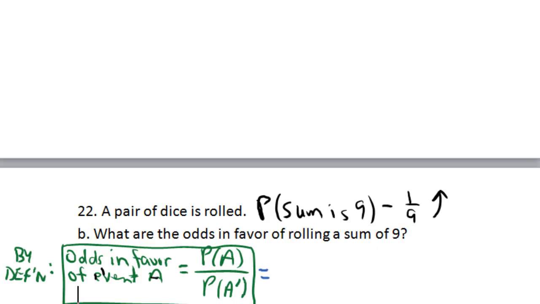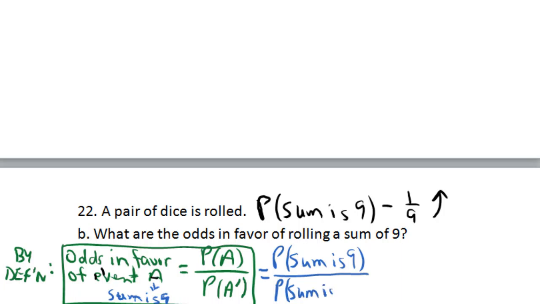According to that, remember the event A here is that the sum is 9. So that would be the probability that the sum is 9 over the probability of A prime, that the sum is not 9.